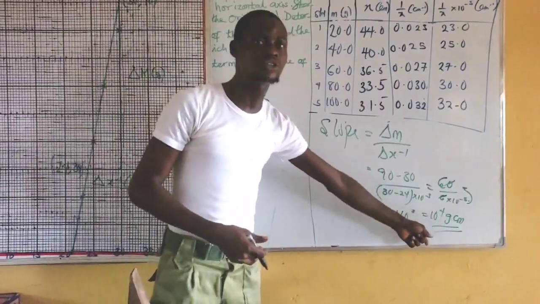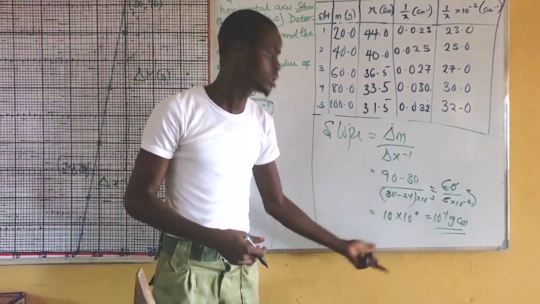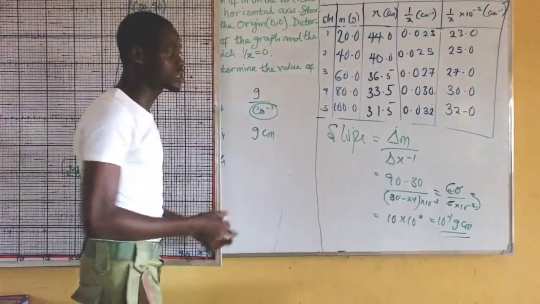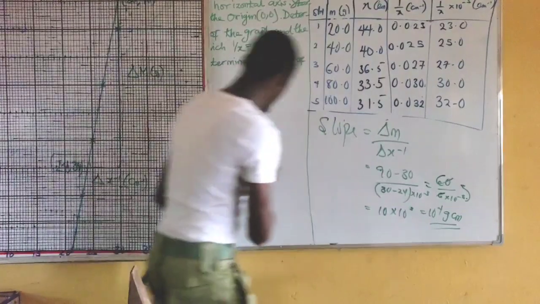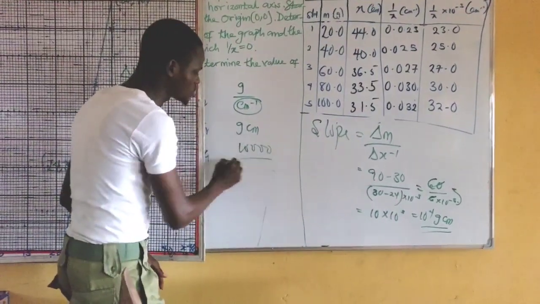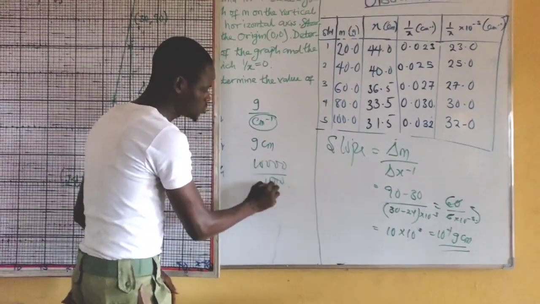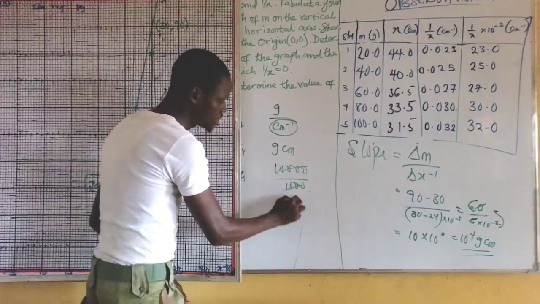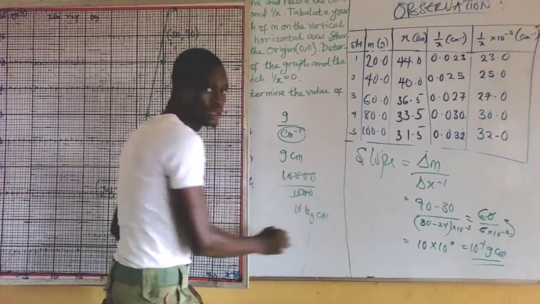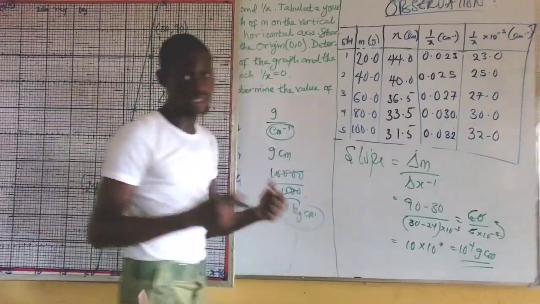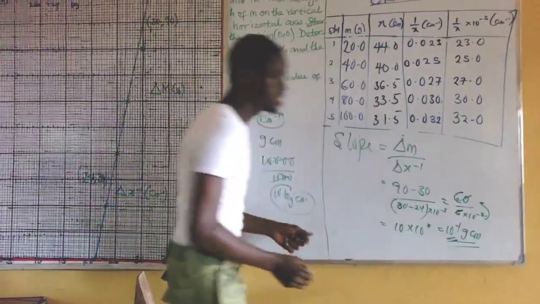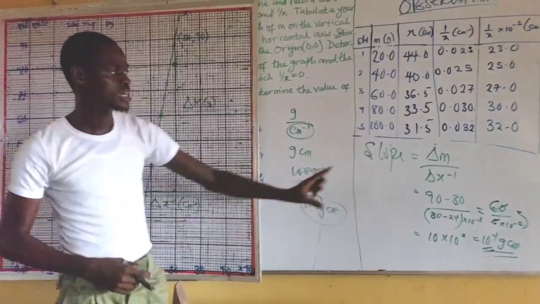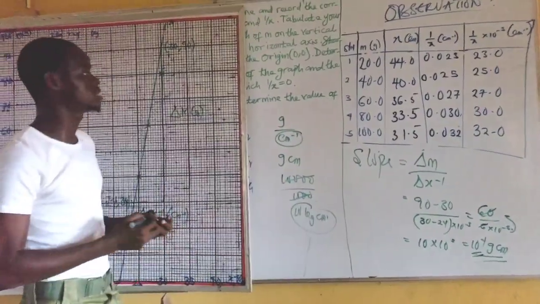In converting it to kilogram, I divide by 1000, then I'll be having 10 kilogram centimeter. That is our value, but you don't need to convert here. Just make sure that your value is exactly 10 raised to the power 4 gram centimeter. I think that's all about this.